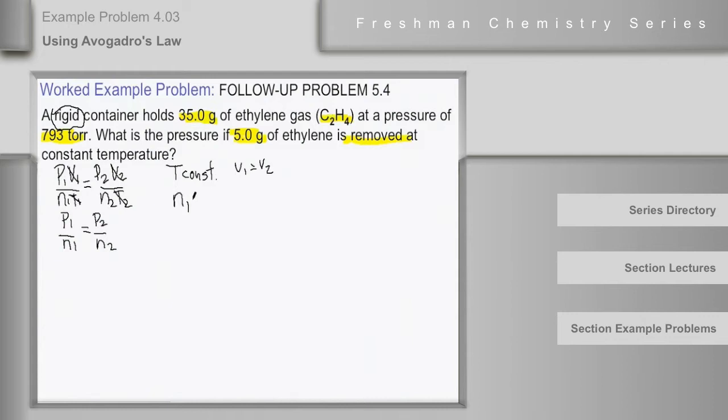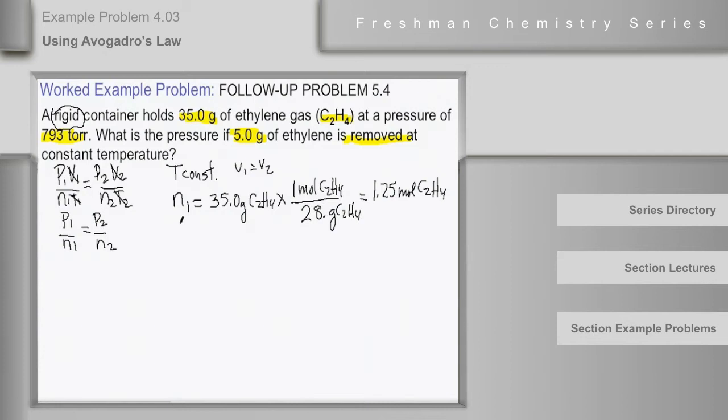N1 would be equal to 35.0 grams of C2H4 times 1 mole of C2H4 divided by the molar mass, which is 2 times 12 is 24 plus 4 is 28 grams of C2H4, and that gives us 1.25 mole of C2H4 initially. So N1 is 1.25 mole.